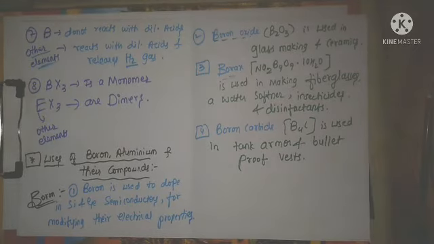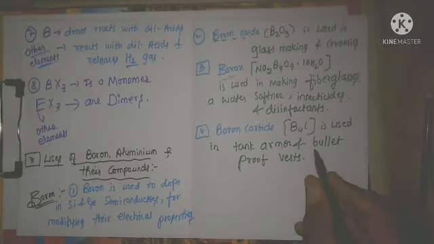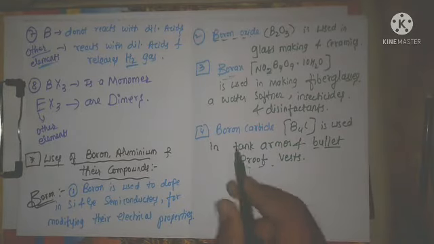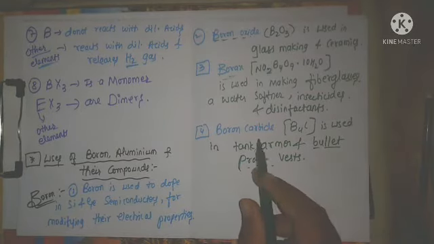Means bulletproof suits are there for armies, correct? If anyone is in the army, in wars, they wear bulletproof vests, that is bulletproof suits, which are also made up of boron carbide.